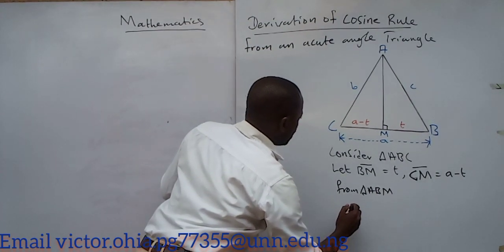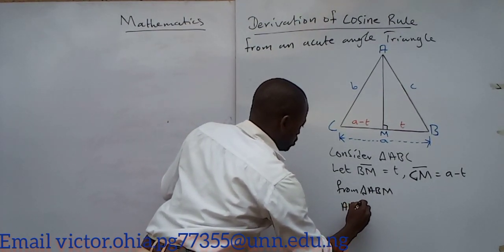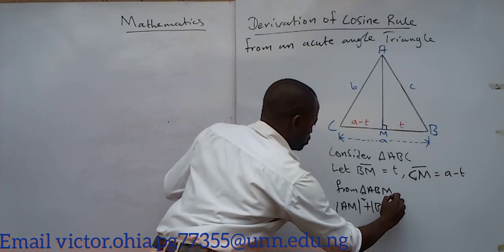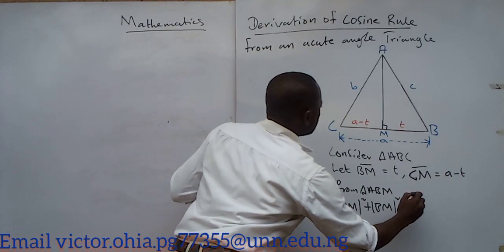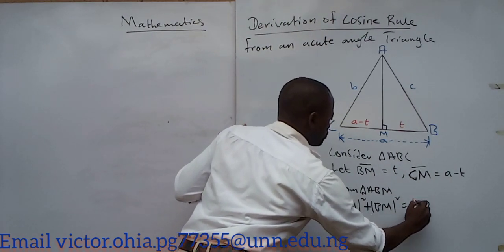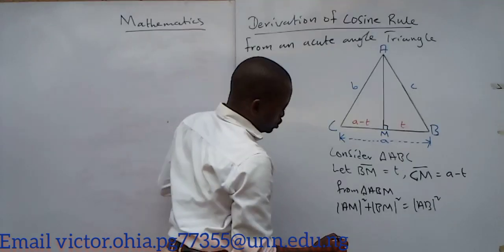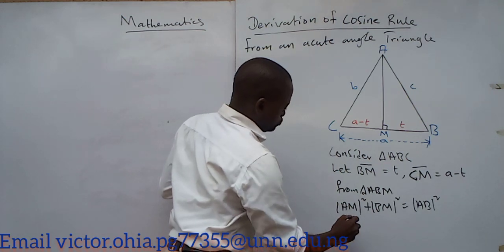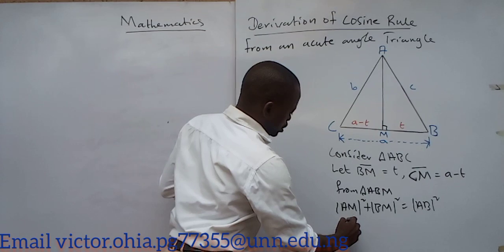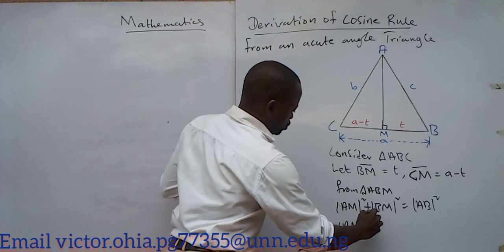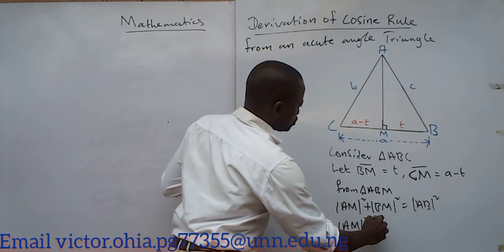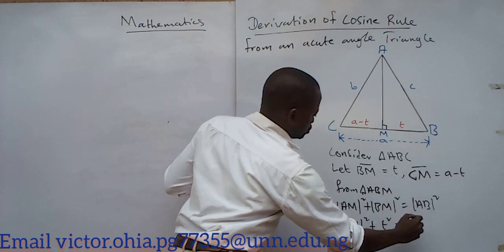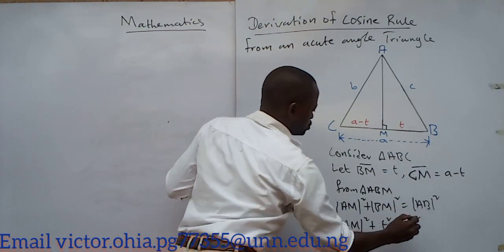So AM squared plus BM squared is equal to AB squared. This will now be AM squared plus T squared is equal to the hypotenuse C squared.